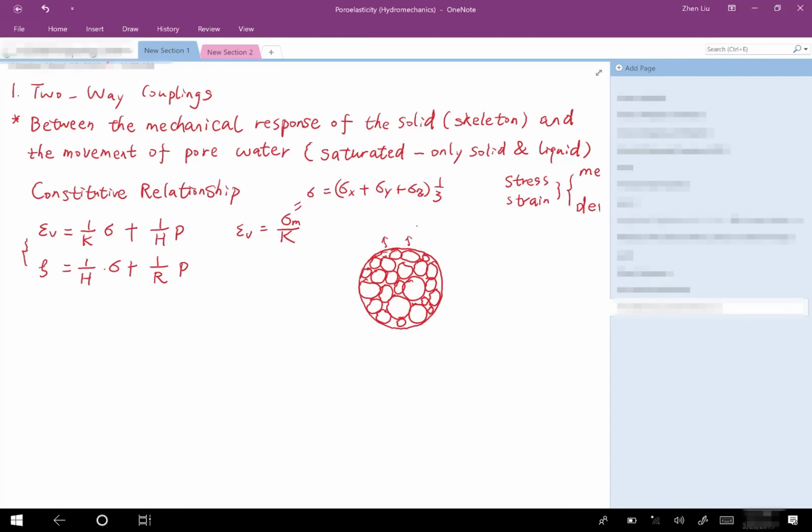Then we have this membrane wrapping up the porous material, including both the water and the solid skeleton. So if we put a tensile stress attraction like this, you can see that this is the attraction.